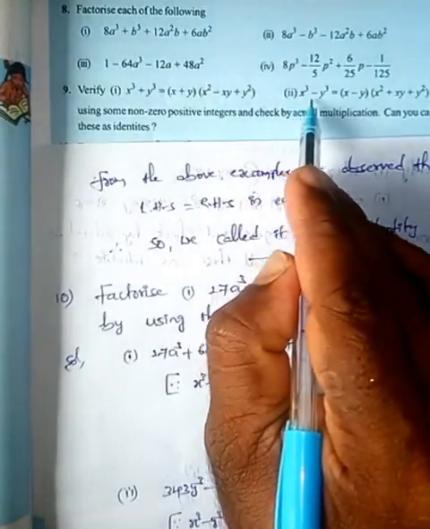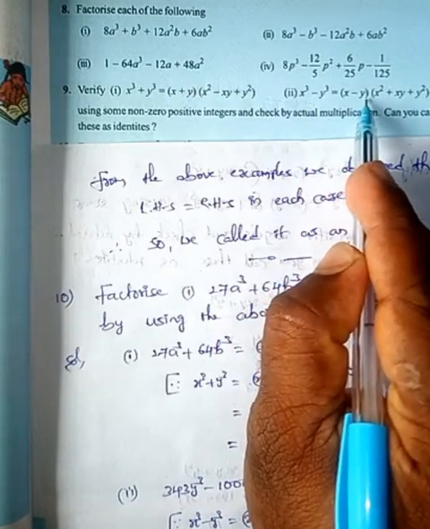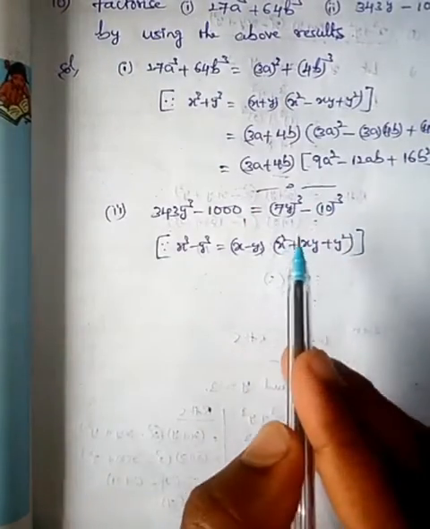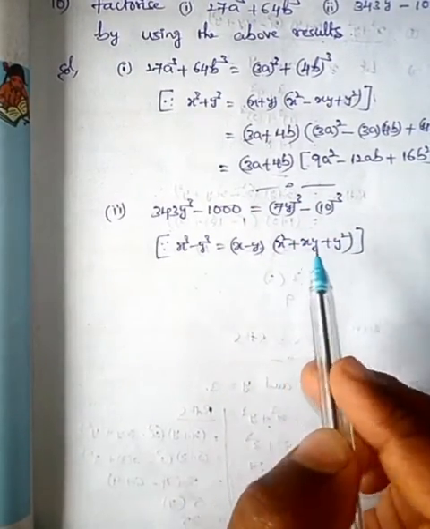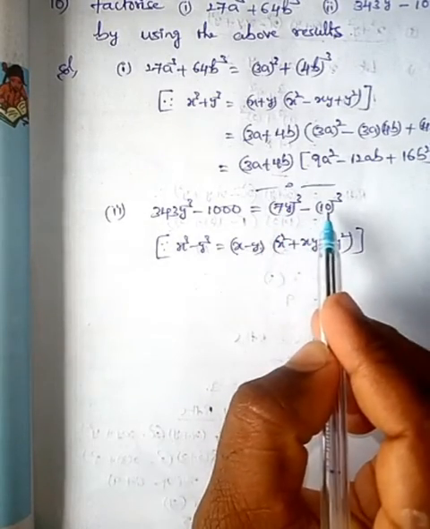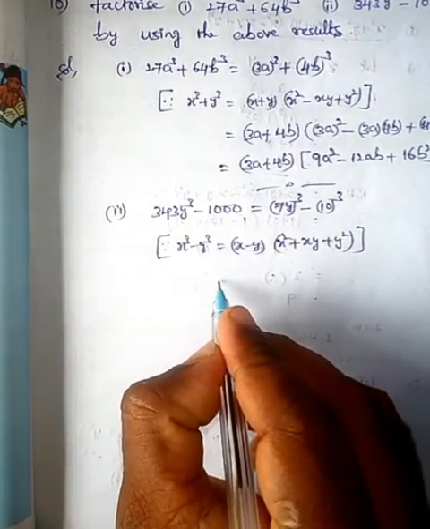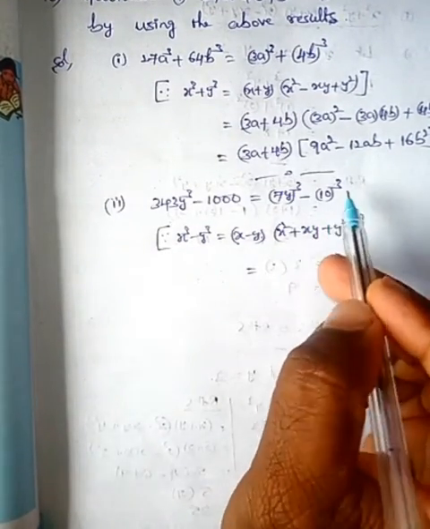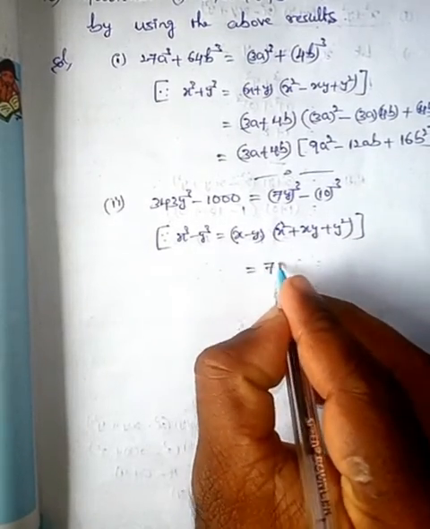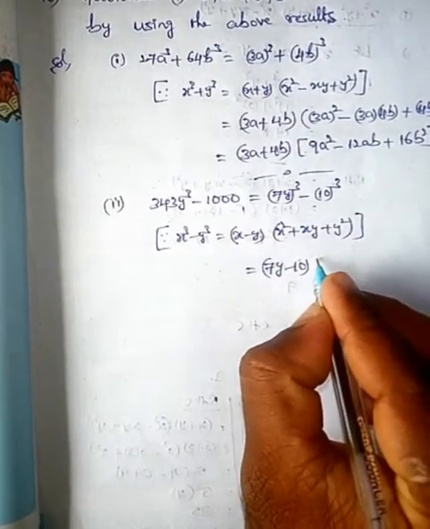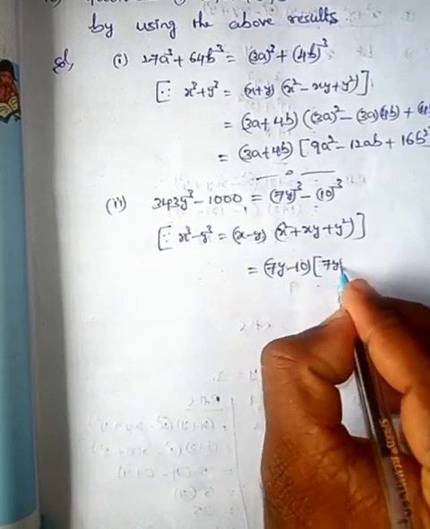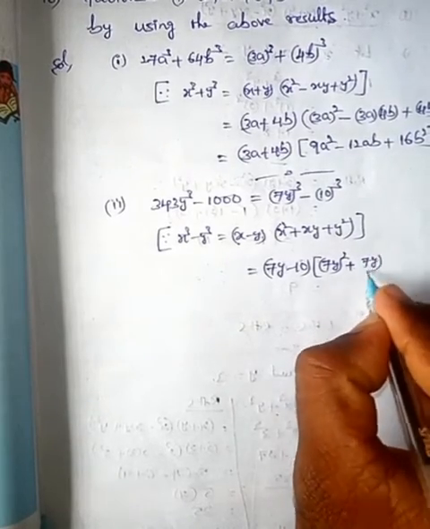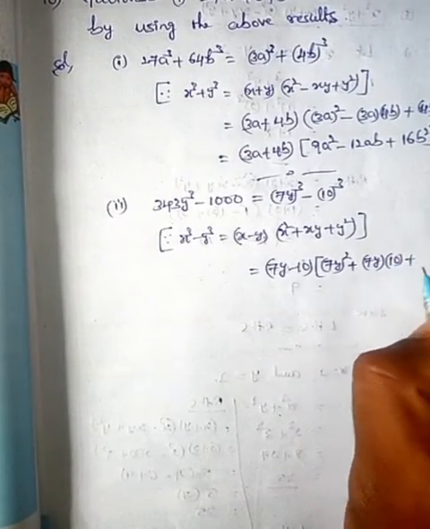So watch here, x cube minus y cube equals x minus y into x square plus xy plus y square. Now expand this by using this formula. What is x here? 7y. And what is y here? 10. Now 7y cube minus 10 cube equals x minus y, that is 7y minus 10, into x square, that is 7y whole square, plus xy, that is 7y into 10, plus y square.